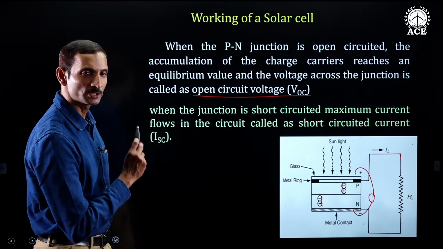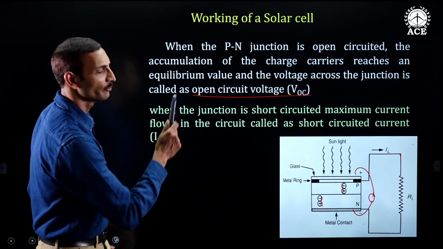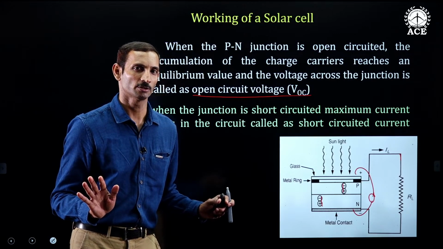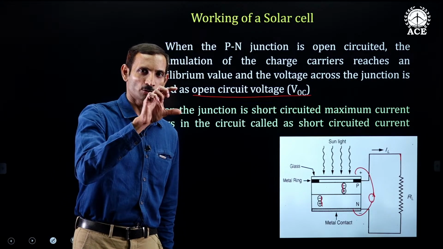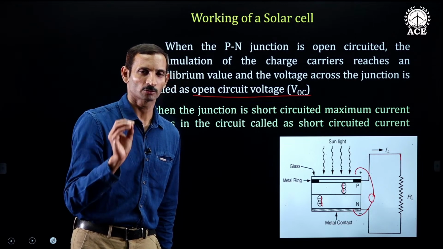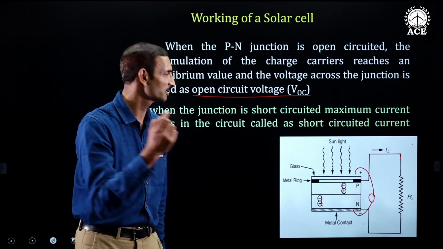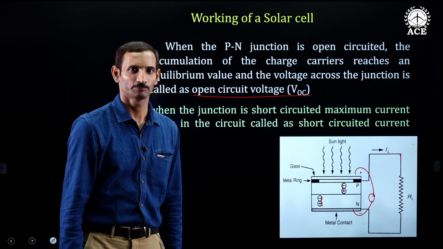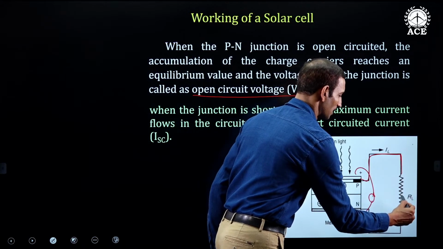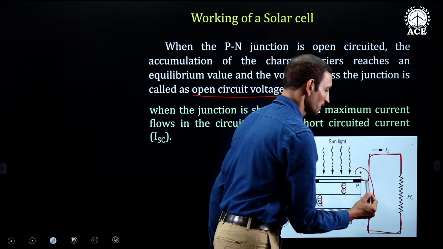What is open circuit voltage? When the PN junction is not connected to any external circuit, then across the two ends of that diode, the potential is going to be highest. What is that potential called? Open circuit voltage.